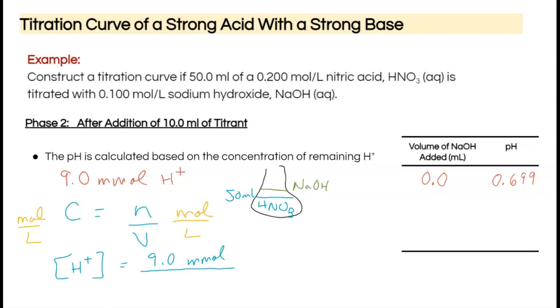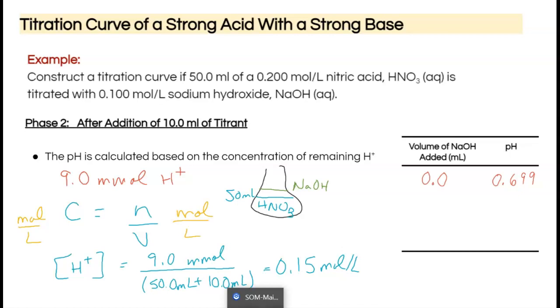So in total, I have a total volume of 60 milliliters: the 50 milliliters plus the extra 10 milliliters of base that I added. When I work out that calculation, I'm getting 0.15 moles per liter. Again, remember that millimoles per milliliter is equal to moles per liter. This is why I can just do that.